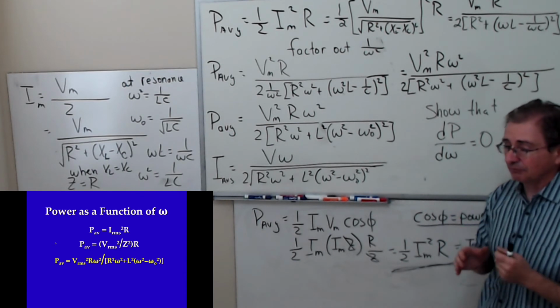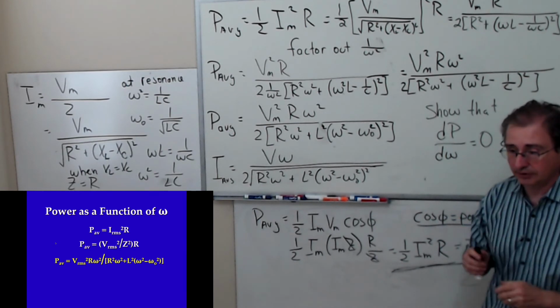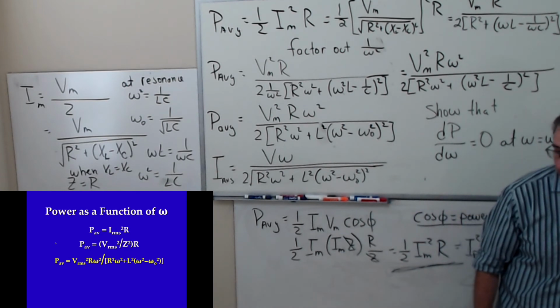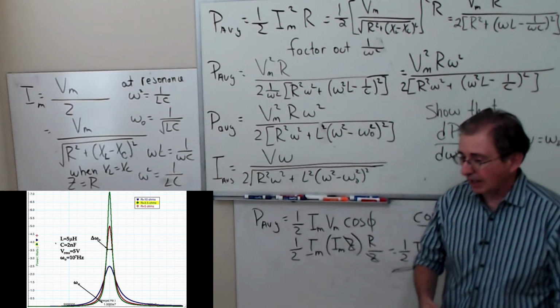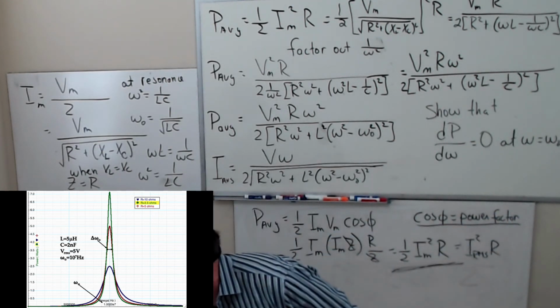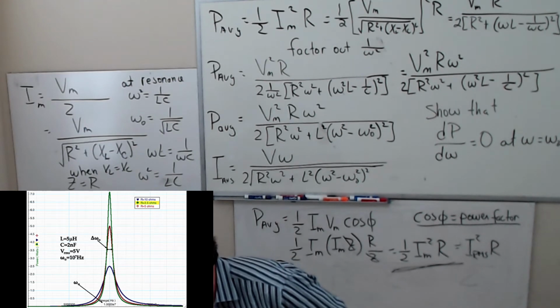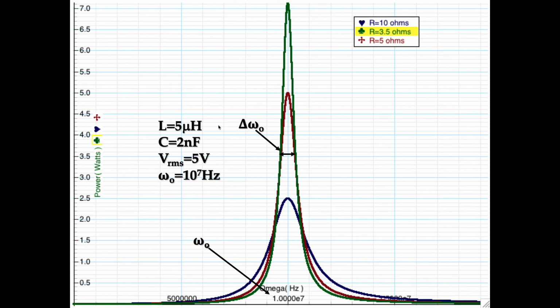The graph is actually going to pretty much have the same shape, just the width is different. This is the graph, and let me allow you to see a bigger version here. This is power on the vertical axis and omega on the horizontal axis. You can also plot F on the horizontal axis. It really doesn't matter. But again, you see here as the resistance gets smaller, the peak gets narrower.